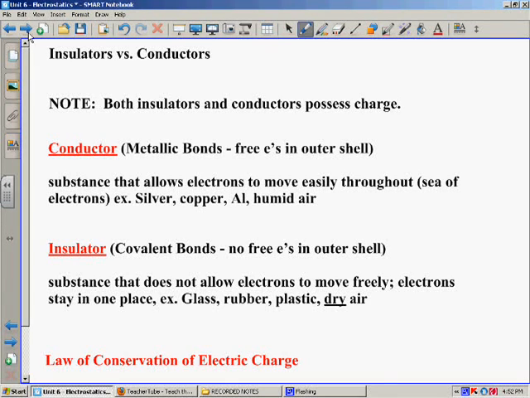But please note, both of these objects, either conductors or insulators, have electrons. And if they have electrons, they both have protons. So you need to remember and understand that just because an object is a conductor or an insulator doesn't mean it doesn't possess charge. It's just whether or not that charge moves freely or not.